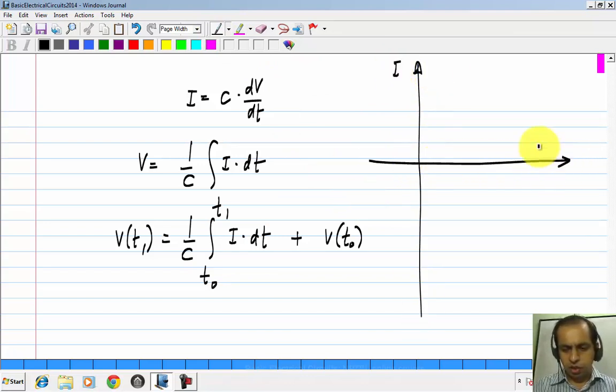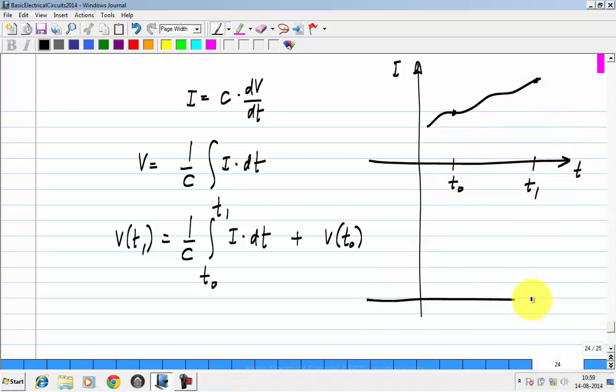So, let us say the current follows some waveform like this, and this is T0 and this is T1. I have drawn it versus time, and if you plot the voltage, it has some value at t equals T0. This is the voltage, and it will increase in some way, and at T1 it will be V of T1.